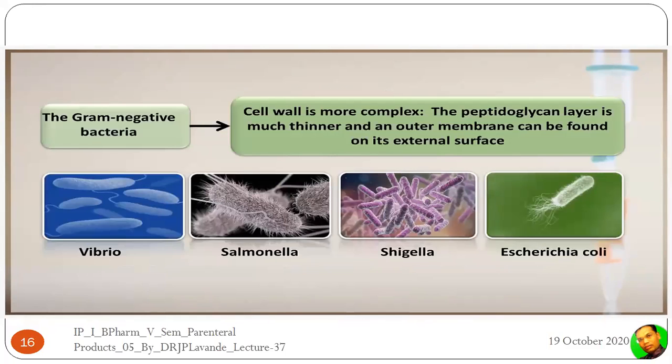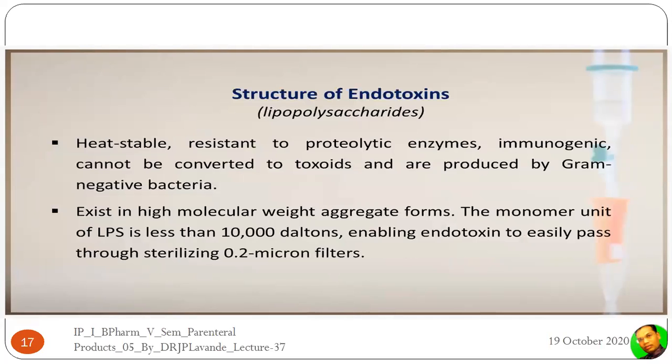As far as the gram-negative bacteria are concerned, their examples are Vibrio, Salmonella, Shigella, and E. coli species. Now, if we see the basic differences, the cell wall is more complex compared to that of the gram-positive. The peptidoglycan layer is much thinner and there is an outer membrane that can be found on its external surface.